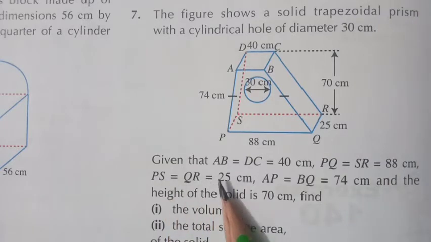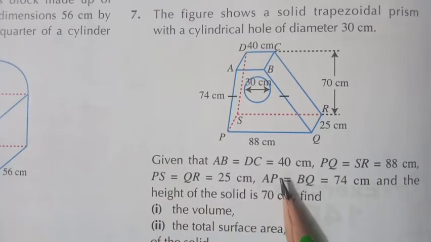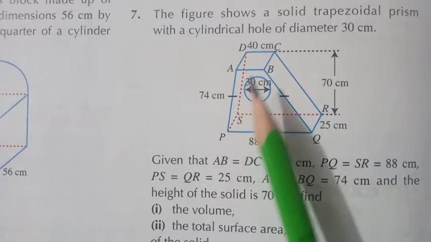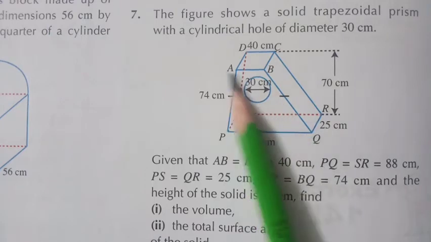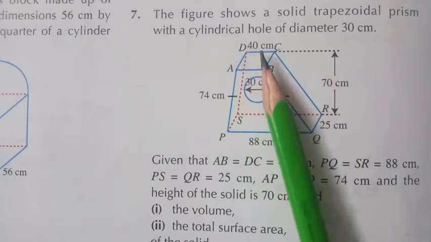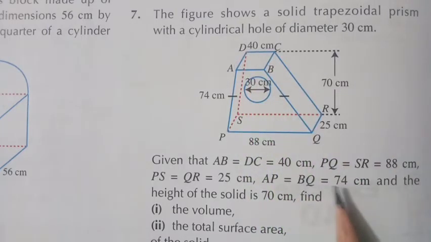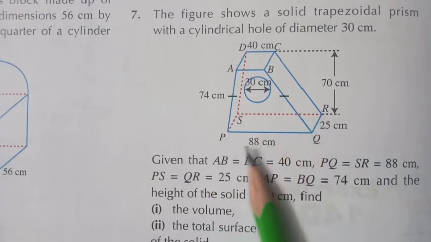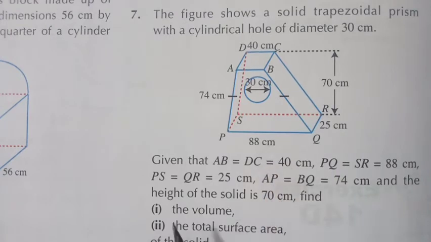Given that AB equal to DC equal to 40 centimeter, then PQ equal to SR equal to 88 centimeter.